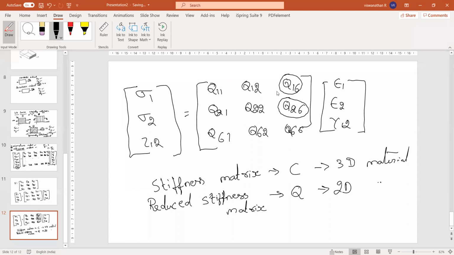When will these two terms be 0? These two means this also, and also this. When will these 4 terms go to 0? Any idea? Or when will you get these terms?